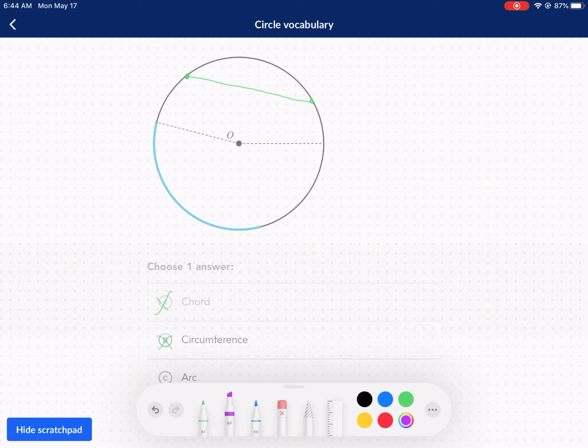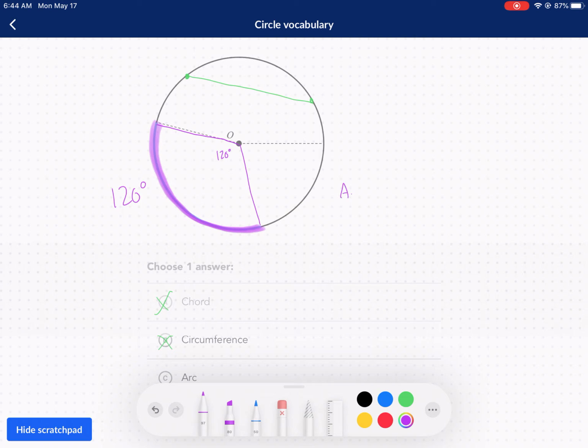An arc is a part of the circumference, okay? This is usually formed by what's called a central angle. Now an arc, you can have an arc measure. For example, this looks to be about 120 degrees. Therefore, the arc measure would be 120 degrees. But you can also have an arc length, okay?